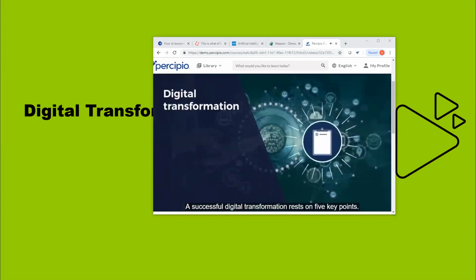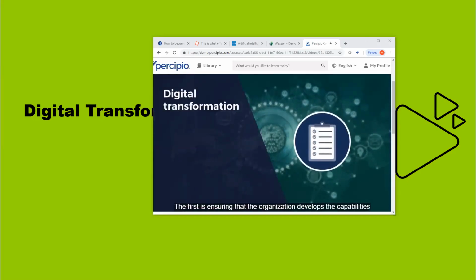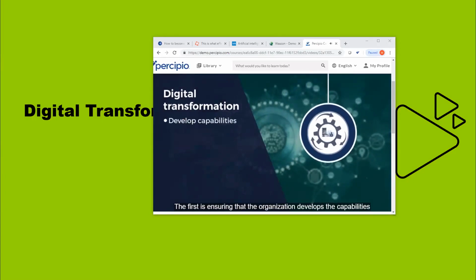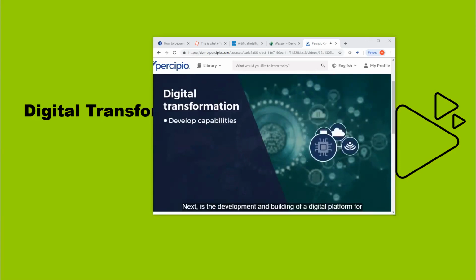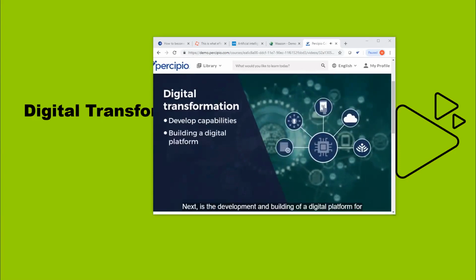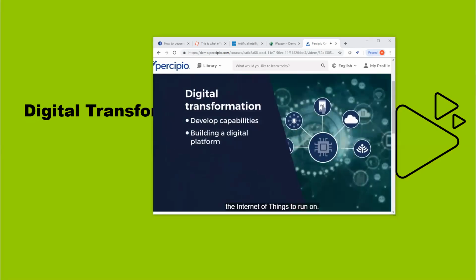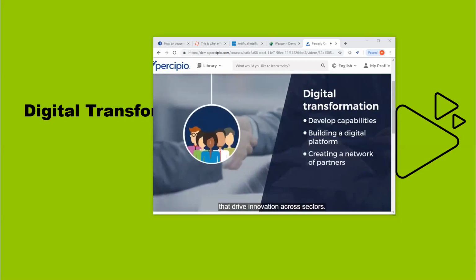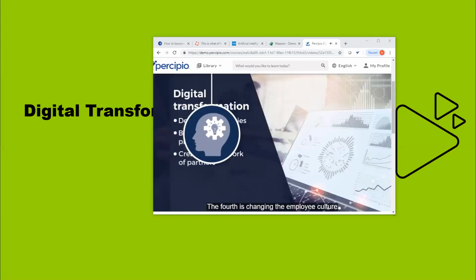A successful digital transformation rests on 5 key points. The first is ensuring that the organization develops the capabilities needed for a digital transformation. Next is the development and building of a digital platform for the Internet of Things to run on. The third point is creating a network of partners that drive innovation across sectors.